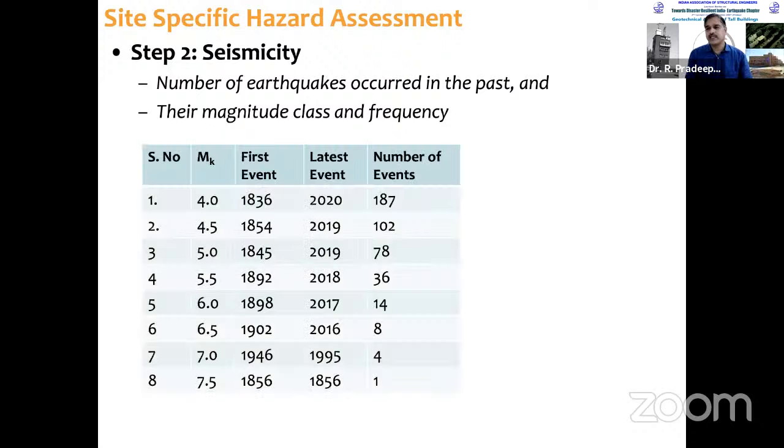You can see in the table, say 4 magnitude class means 3.75 to 4.25 magnitude earthquakes will be clubbed in that. This is hypothetical data I created. The first event occurred in 1836 and the latest event in 2020. A total of 187 events occurred. Then 4.5 magnitude class, 5 magnitude, like that up to 7.5, and maybe 8 magnitude earthquake has not occurred in the vicinity of 300 kilometers from that site area. So this is called seismicity of the area.